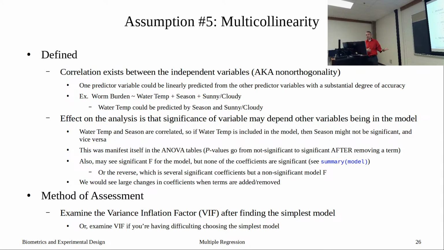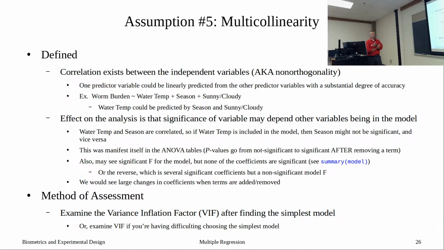One predictor could linearly predict another variable, and thus we start to violate our orthogonality assumption. So, an example here: we're looking at worm burden. We have water temperature, season, and whether or not it's sunny or cloudy when we're out collecting. Water temperature could be predicted by the season.